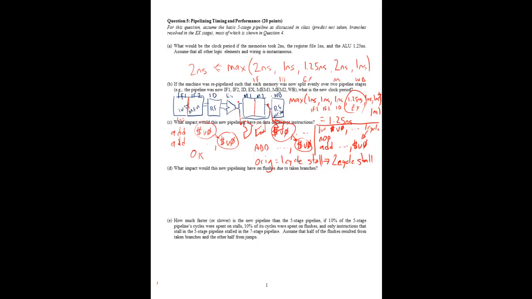Part D asks about the impact this pipeline has on flushes due to taken branches.